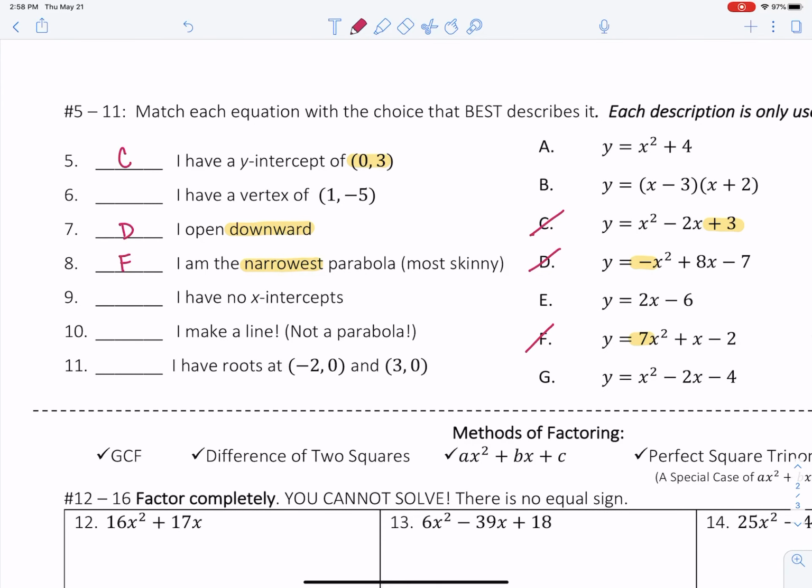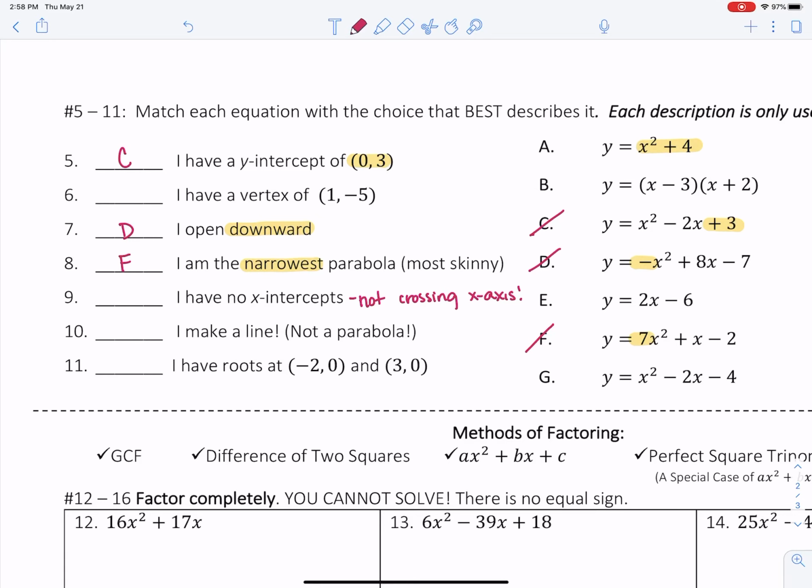I have no x-intercepts. No x-intercepts means that we're not crossing the x-axis. So the graph would not cross the x-axis. I'm looking through here, and if you'll see, this guy is x squared plus 4.